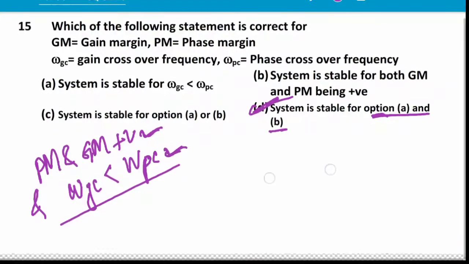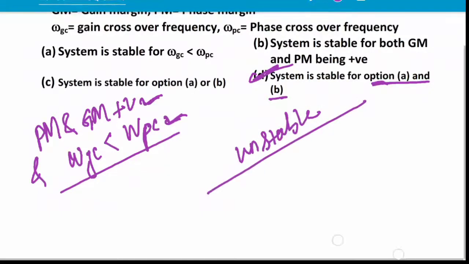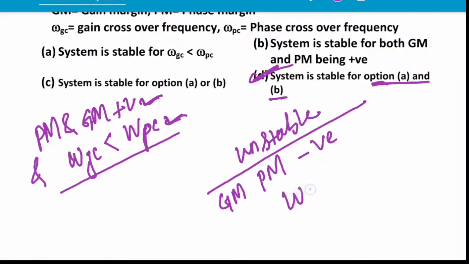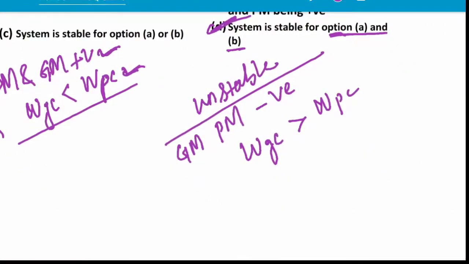And for unstable, if the system is unstable, then GM and PM, that is gain margin and phase margin, will both be negative. Omega GC will be greater than omega PC, that is, gain crossover frequency will be greater than phase crossover frequency.